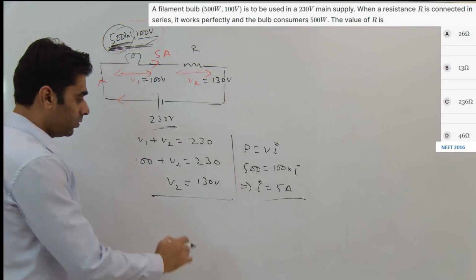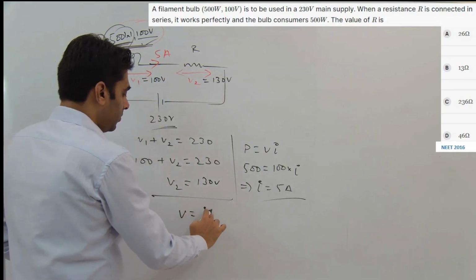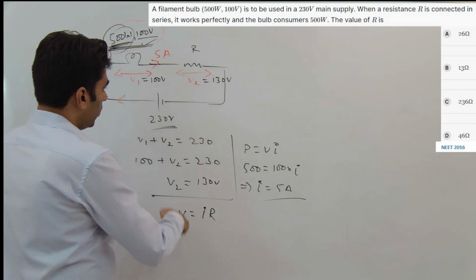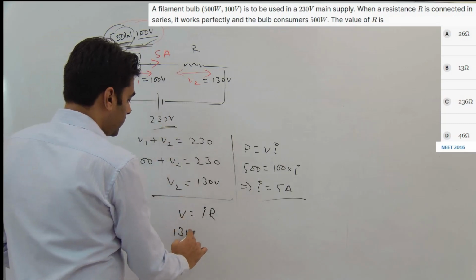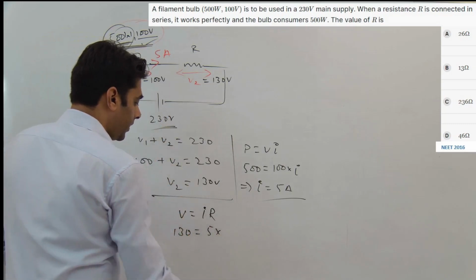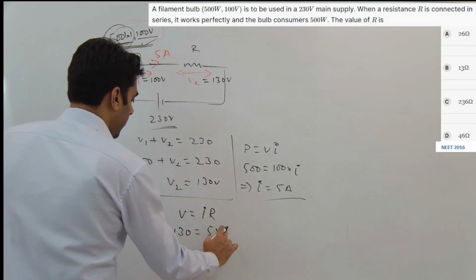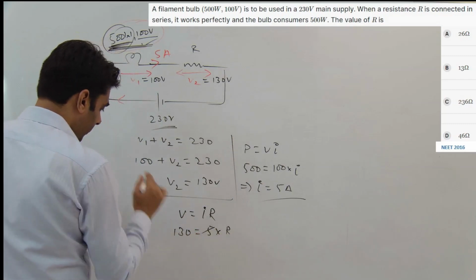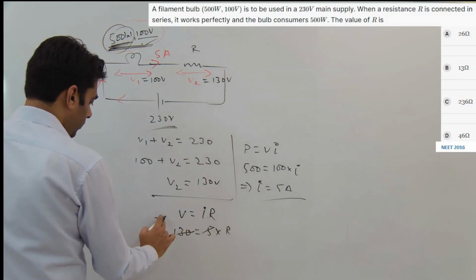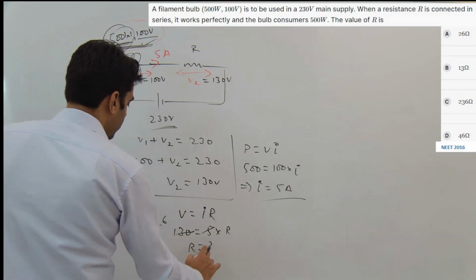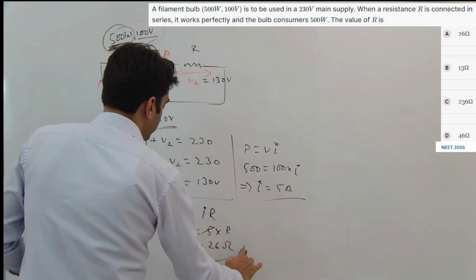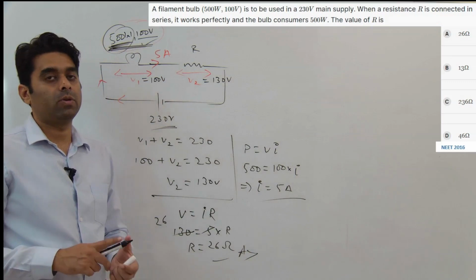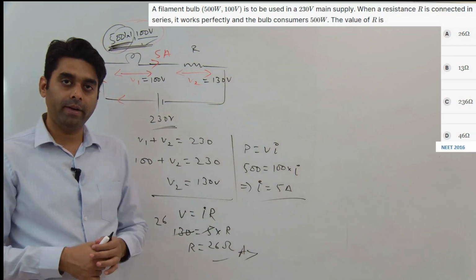So we can write V is equals to I into R. So V is 130 is equals to current, just now we calculated, 5, into resistance R. So we get 26. Resistance is 26 ohm. R value comes out to be 26 ohm, right?